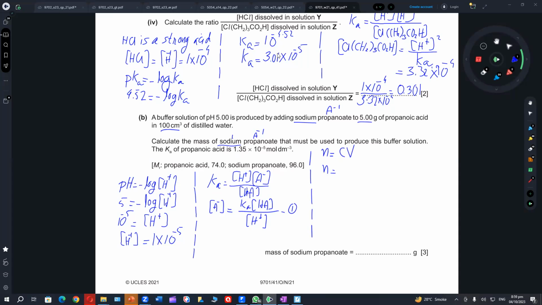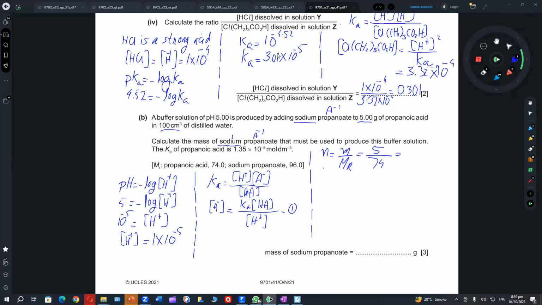Concentration. And first you said you found the moles, and the moles you must have found by mass upon molar mass. Mass is 5. Yes. And propanoic acid molar mass is 74.